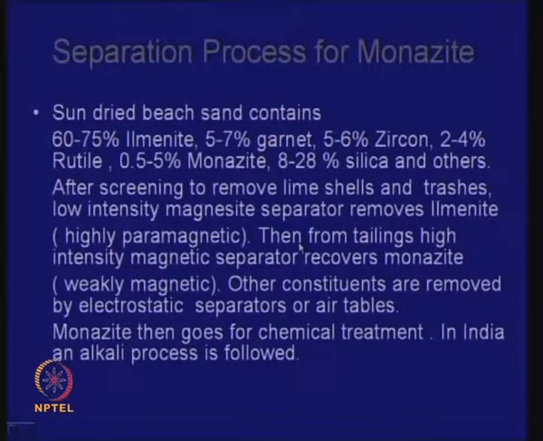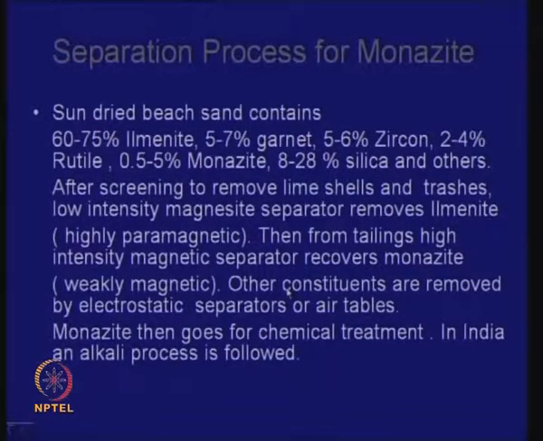Then from the tailings, high intensity magnetic separator removes monazite. Monazite is weakly magnetic. That is how we will get monazite out of the trashes. Now, there are other constituents which are removed by electrostatic separators or air tables.